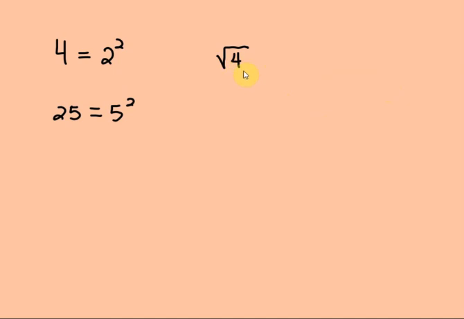When we have a number under the radical symbol, or a radicand, and we want to simplify this, we ask ourselves, what number can we multiply times itself to get that number? So in this case, the square root of 4 would be 2, because 2 is the number that we could multiply times itself to get 4.